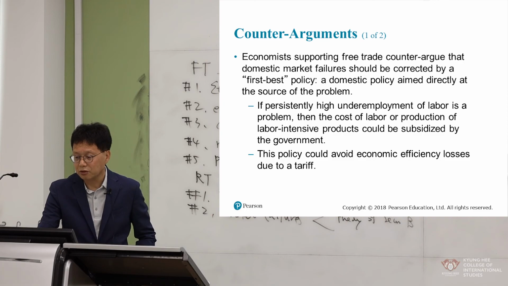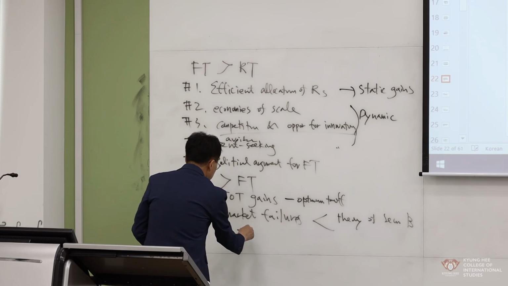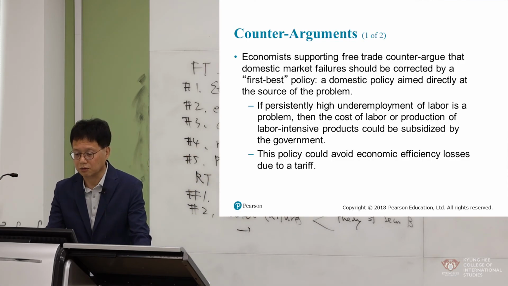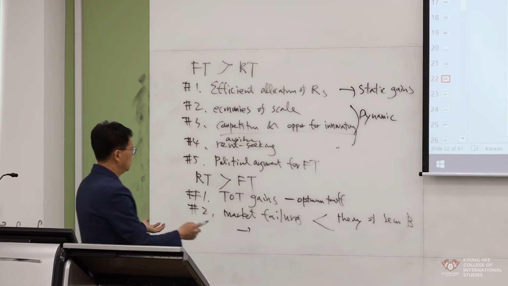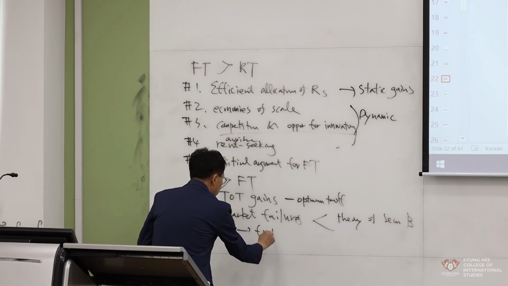Economists supporting free trade counter-argue that, so counter-argument of this one, right? Economists supporting free trade counter-argue that domestic market failures should be corrected by a first best policy. First best policy, right?